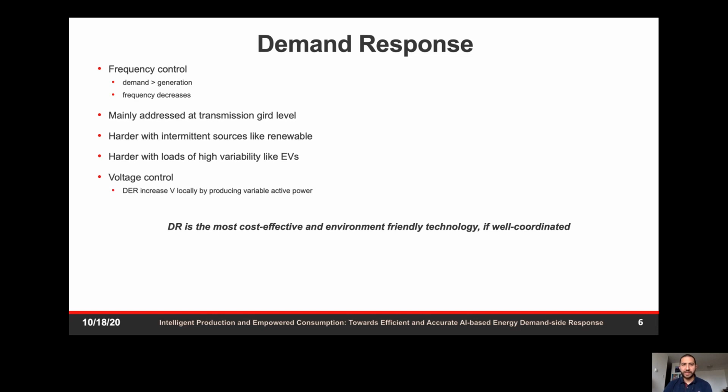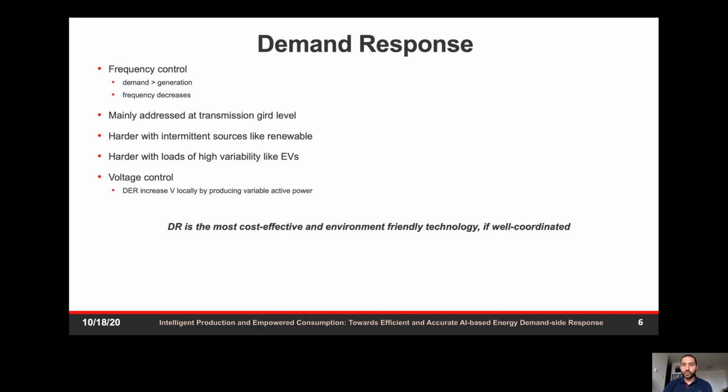So this issue is mainly addressed at the transmission grid level, and it's harder to control the frequency with intermittent sources like renewables, solar energy, wind energy, and so on, as well as the difficulty that comes from integrating electric vehicles in the mix and their high variability.